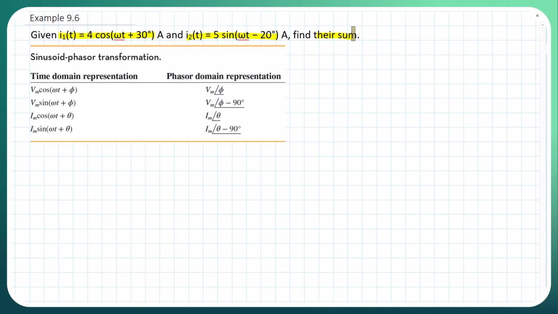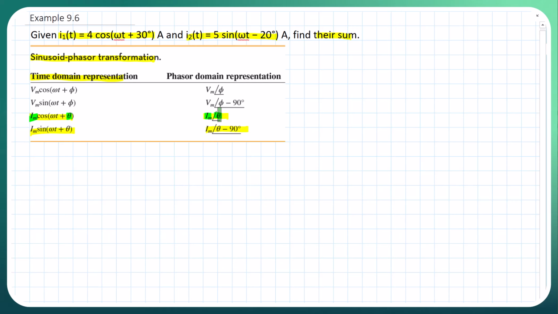So what we want to do is take a shortcut, and that's using the sinusoid phasor transformation. So you have this time domain current, either sine or cosine, and we can just convert it to a phasor component here, where our amplitude is just going to be transferred over here, and then the angle is going to be transferred over here.